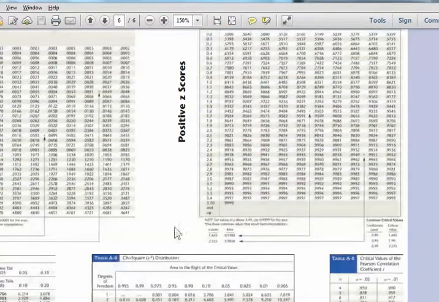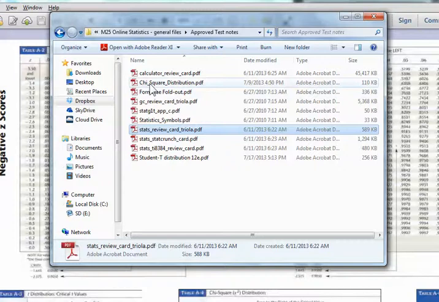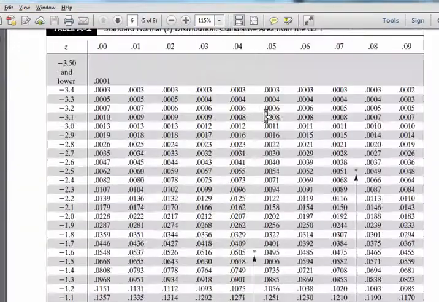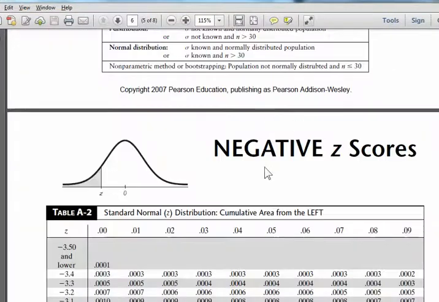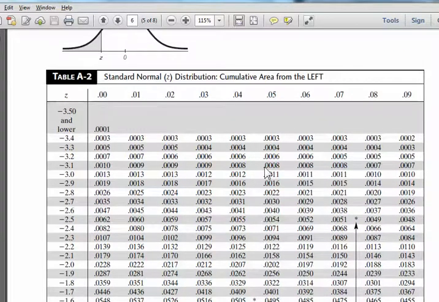This one's blurry, so I'm going to go to our approved foldout. I'm on the z distributions, and I'm going to look up, splitting that 4% into half, 0.02.